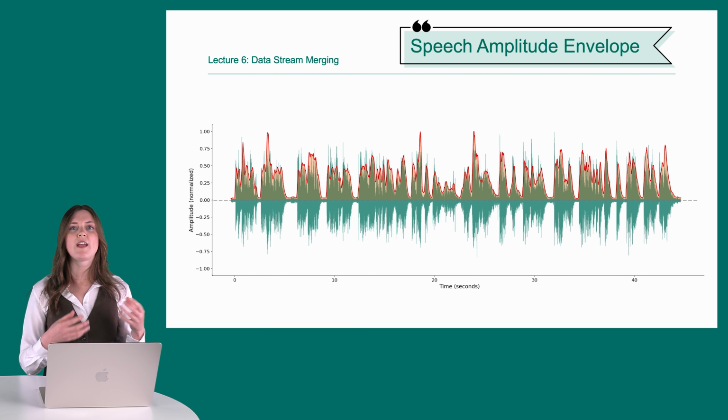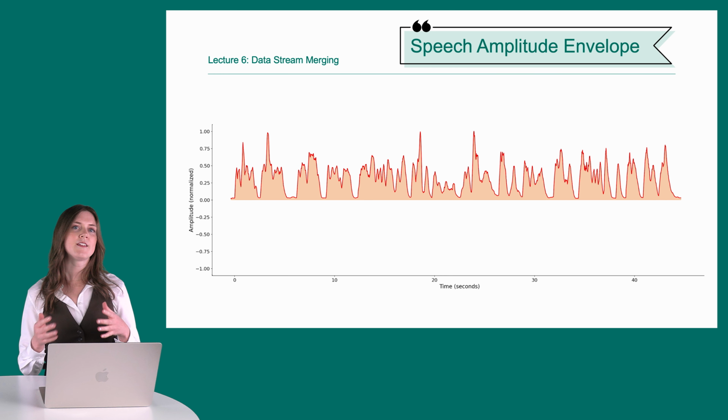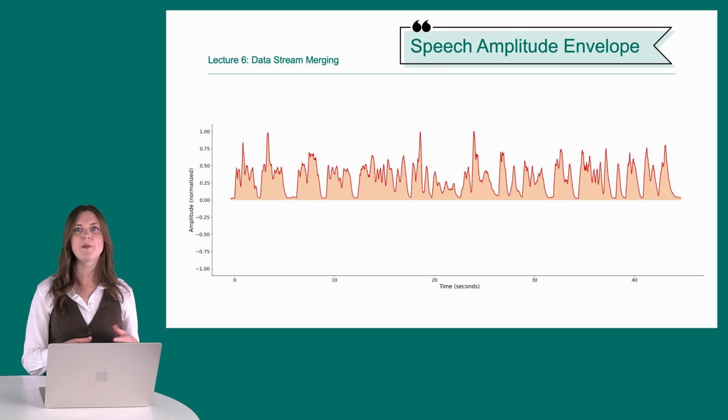A speech amplitude envelope shows the overall shape or outline of the speaker's volume. The audio signal is averaged over short time windows to create a smoothed amplitude envelope. This smooth speech amplitude envelope is the data we will use in our analysis.